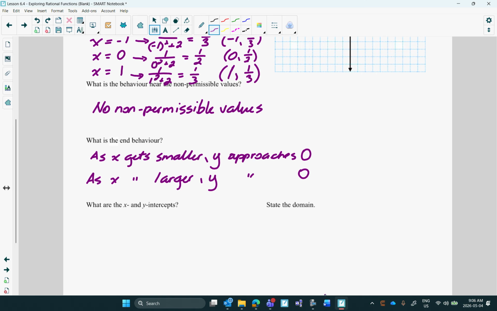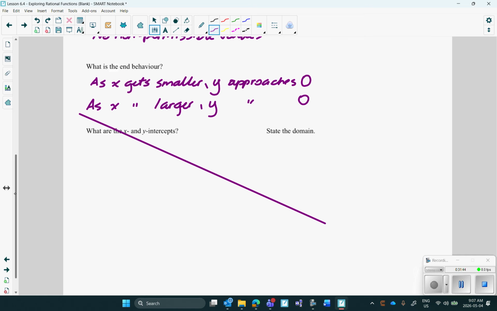What's the x-intercept? Look at the graph. You should be able to tell me. Where does this graph, the speed bump, touch the x-axis? Nope. X-axis. You just found me the y-intercept. No x-intercept, yes.